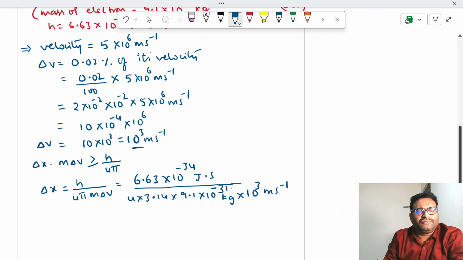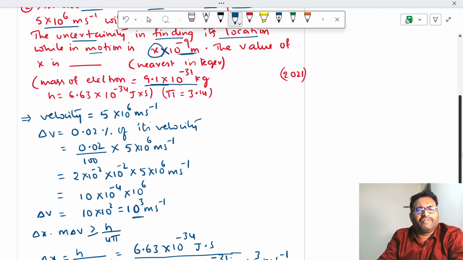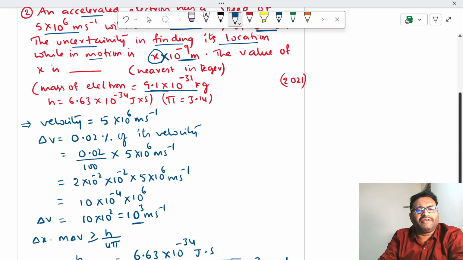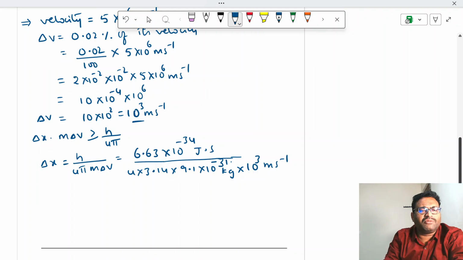So what is asked here? x into 10 power minus 9. The question asked is uncertainty in finding its location. So uncertainty in location means position, delta x.